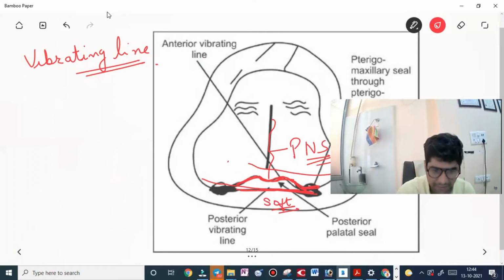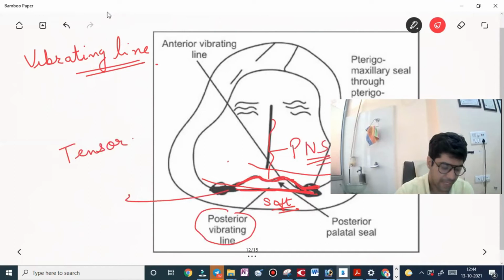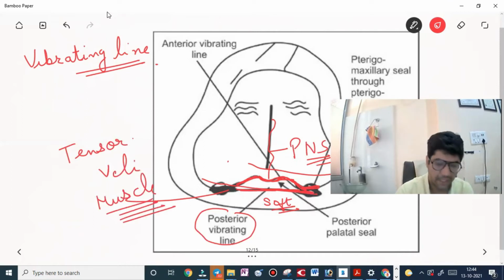Whereas the posterior vibrating line is an imaginary line at the junction of the aponeurosis of the tensor veli palatini muscle and the muscular portion of the soft palate. It represents the demarcation between the part of the soft palate that has limited or shallow movement during function.